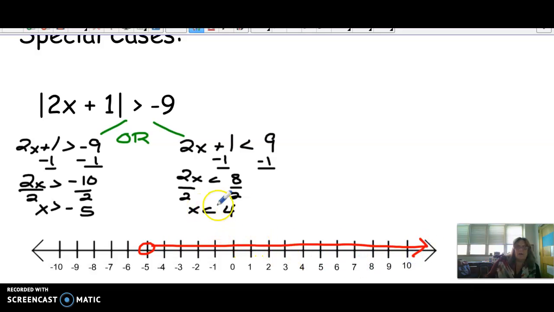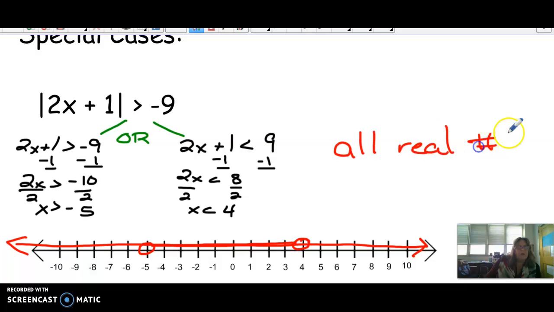That's greater than. Open circle on positive 4. It's going to point to the left. Look at what happens. Because it's an or problem and they cross each other, that means it covers the whole number line. So this is simply going to be all real numbers.